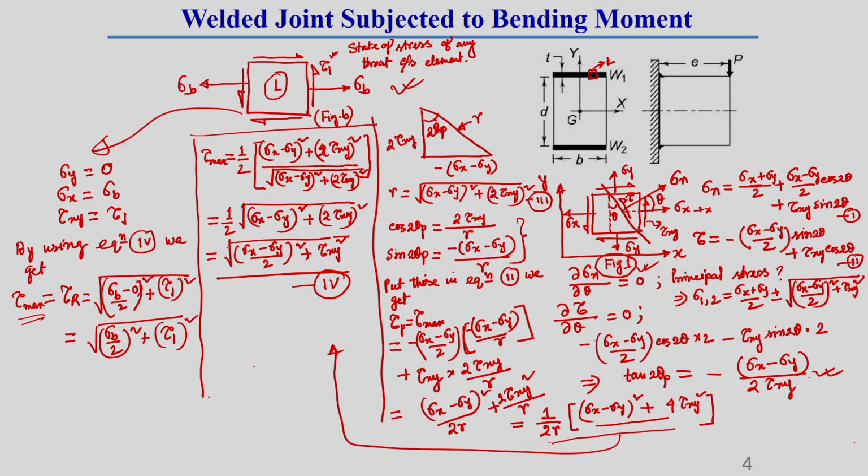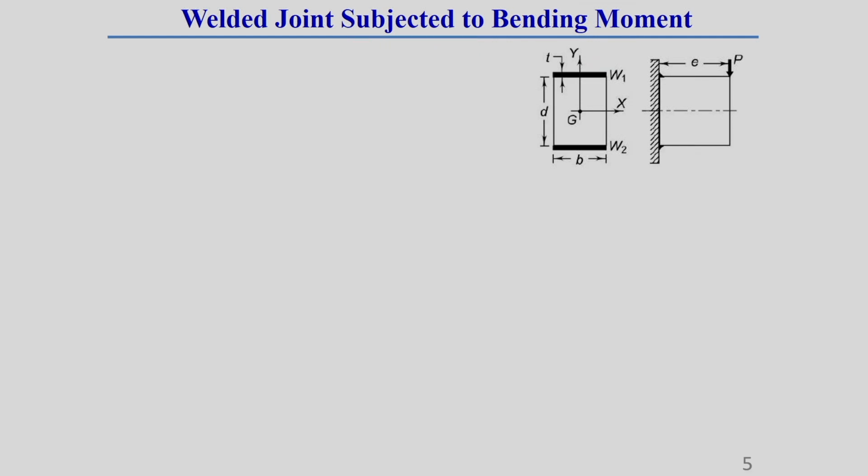Keep this in mind, because it will be required to find the dimensions of the welded joint. Sigma b we already found as M b y divided by I.